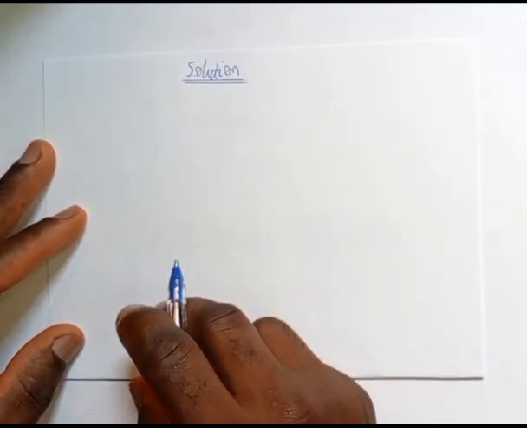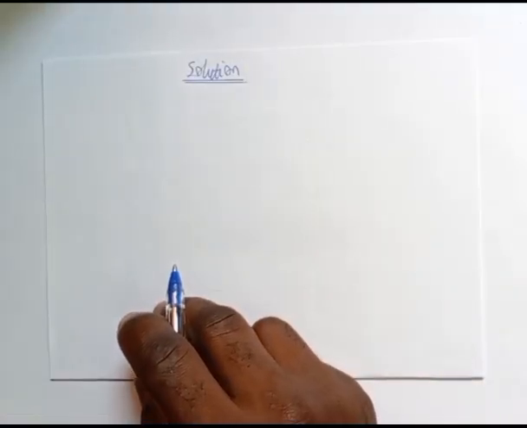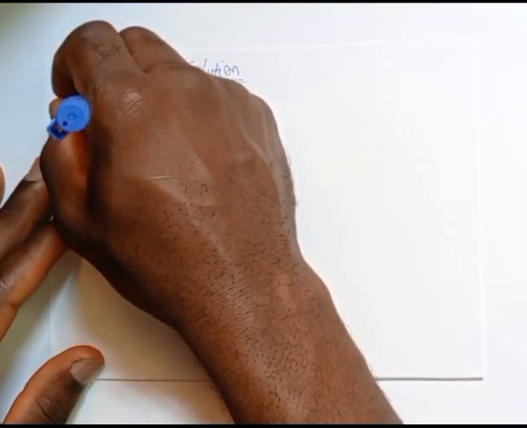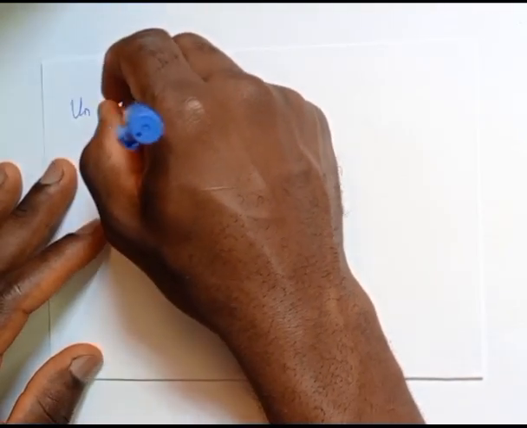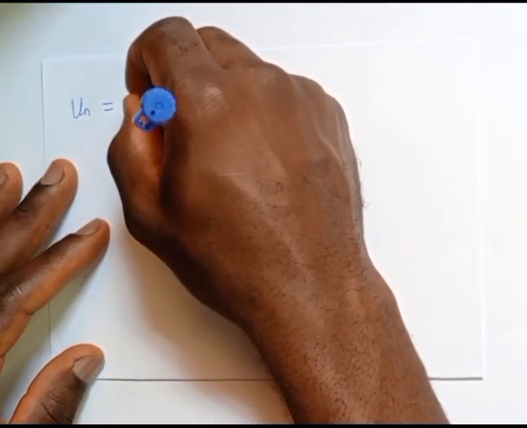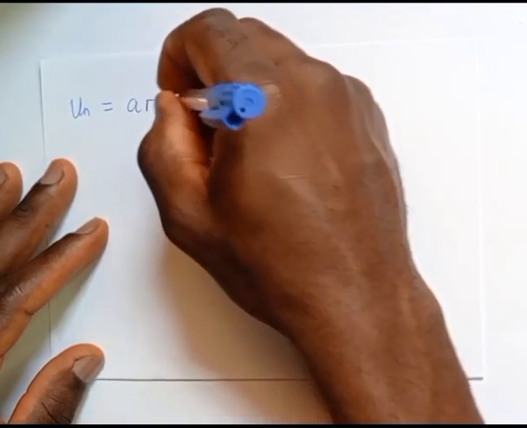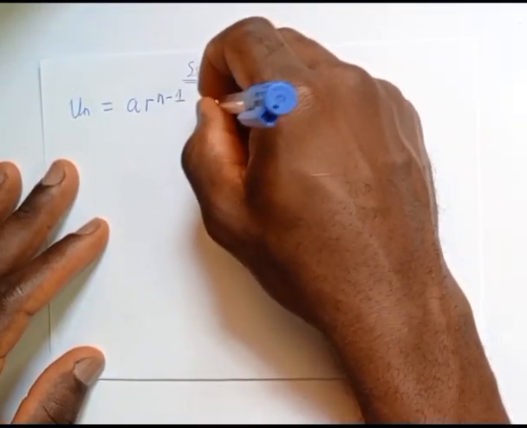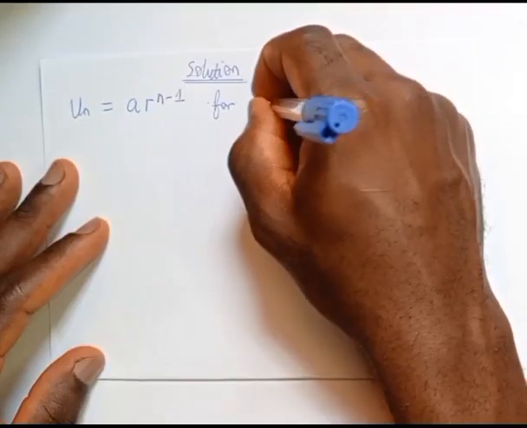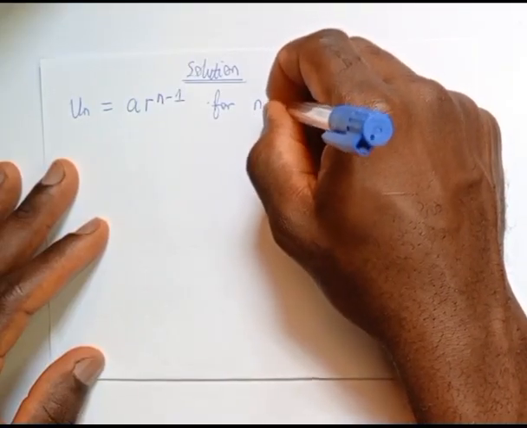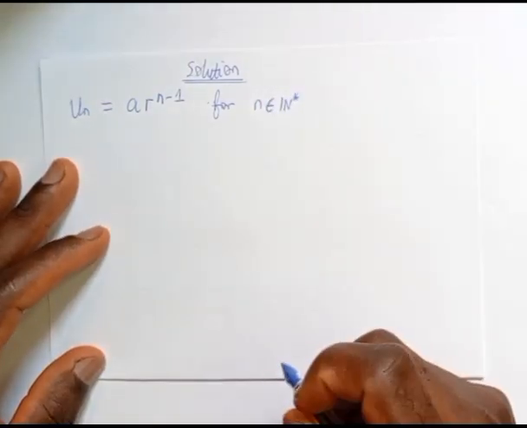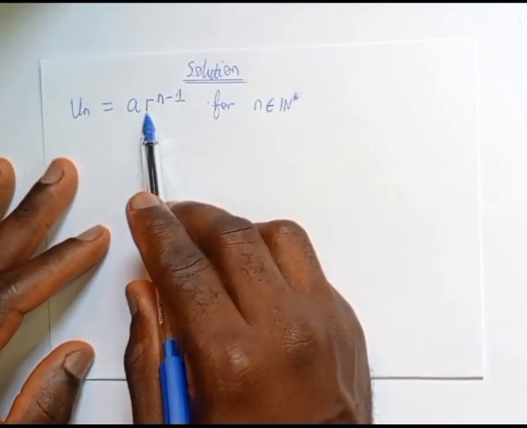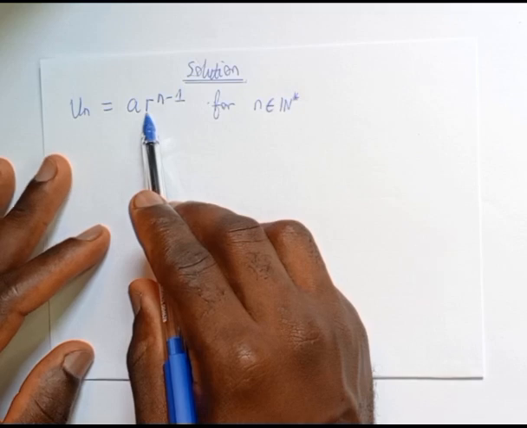First, we know that the terms of a geometric progression are given by u_n = a times r raised to the power n minus 1, for n belonging to the set of natural numbers excluding 0. a stands for the first term, r stands for the common ratio.